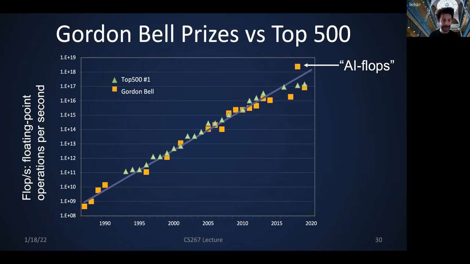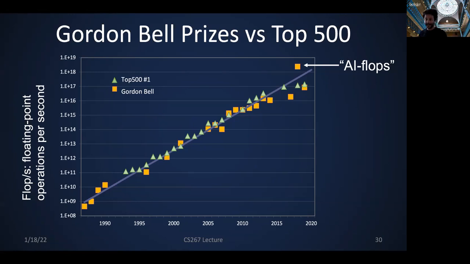Maybe that's just the bias of the Golden Bell Award Committee to choose things that perform very well, or maybe people actually are able to take advantage of these supercomputers as much as the top 500 high performance LINPACK benchmark does. You'll see that there's almost a strong correlation between these two numbers.